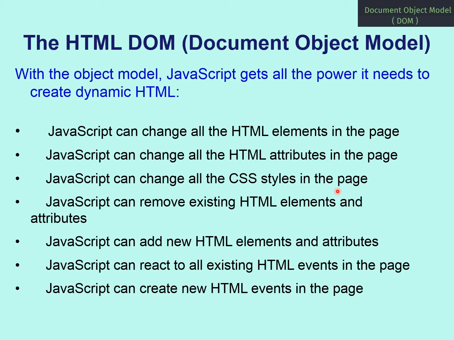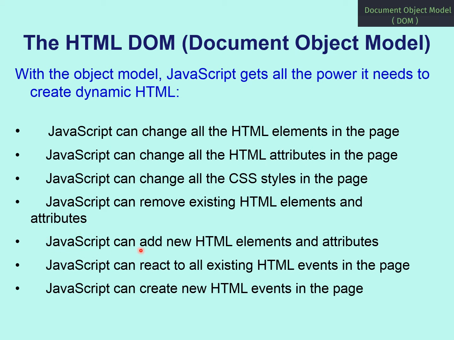So JavaScript is able to change the style formatting of components in a web page. JavaScript can remove existing HTML elements and attributes. So it is responsible for removing or deleting existing HTML elements and their attributes.